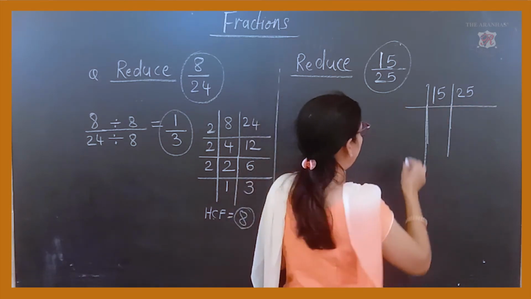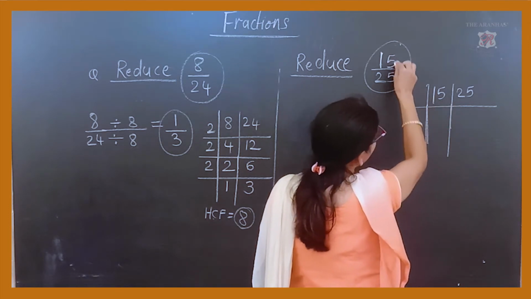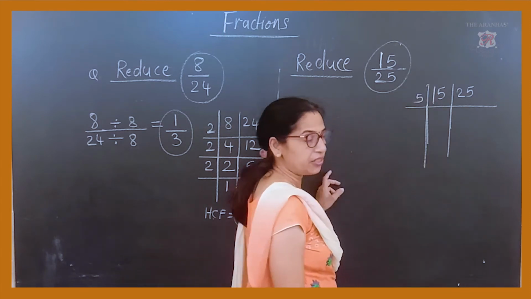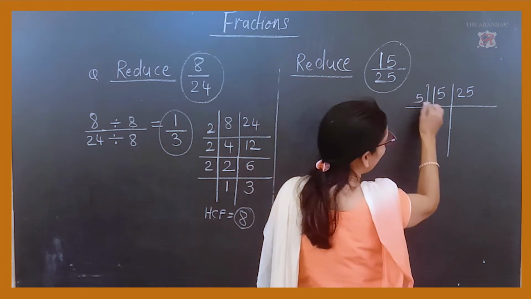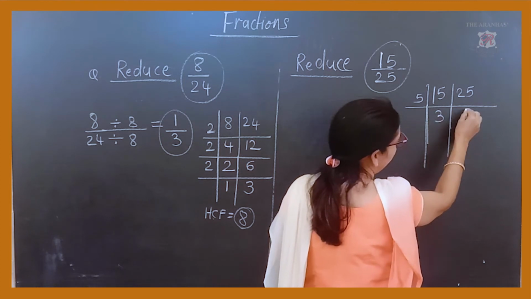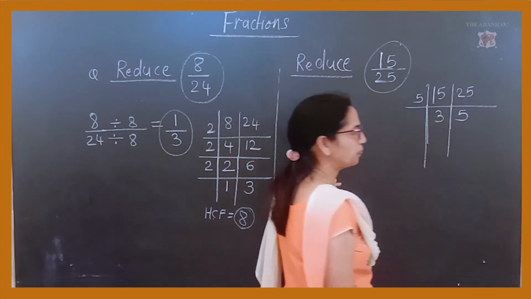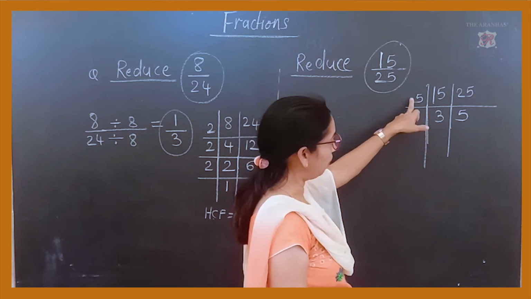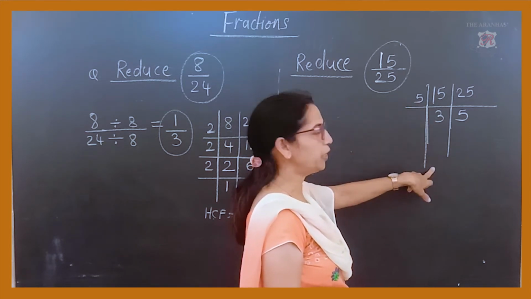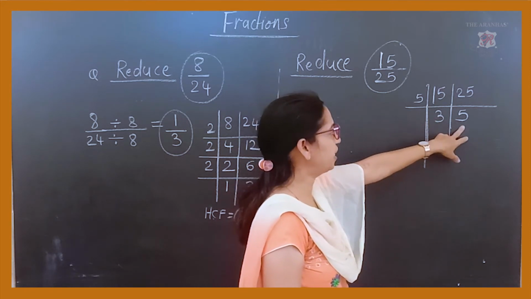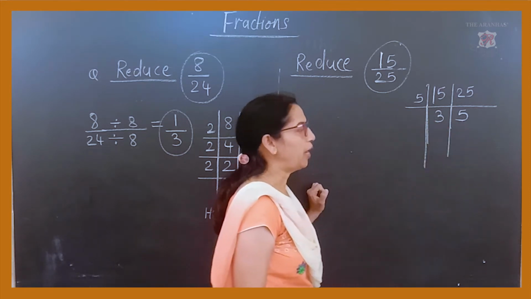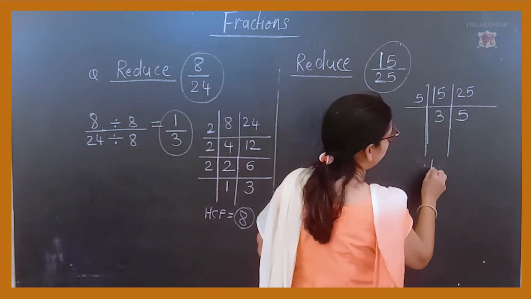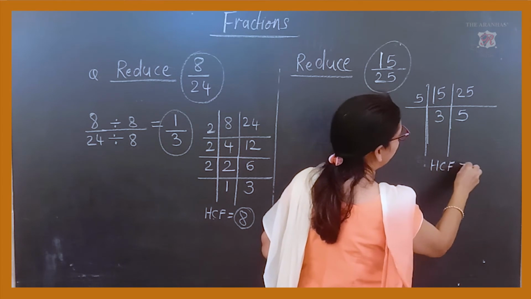As 5 is present at the end, you start factorization with 5. So 5 3s are 15 and 5 5s are 25. After this step you cannot continue the division, as 3 and 5 are different factors. So the HCF will be only 5.